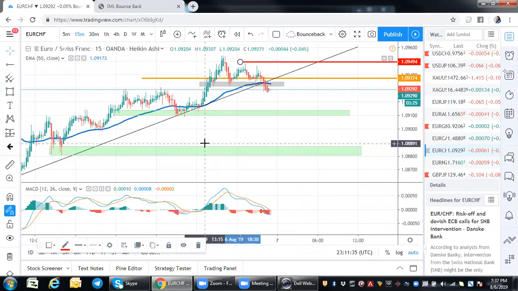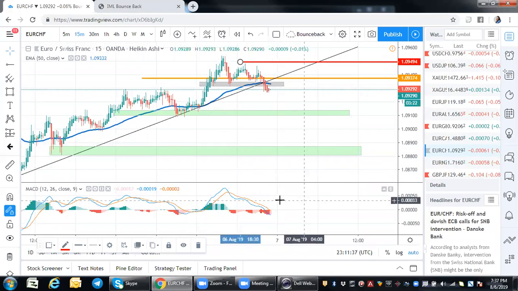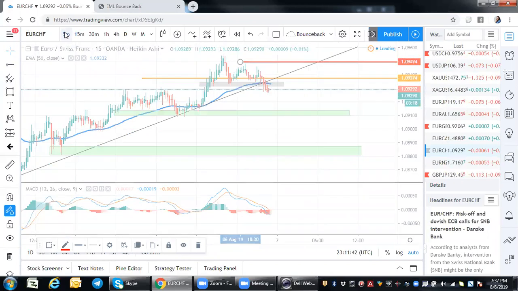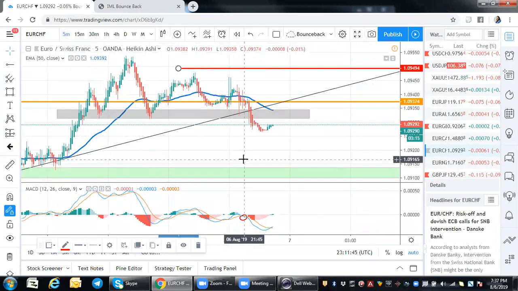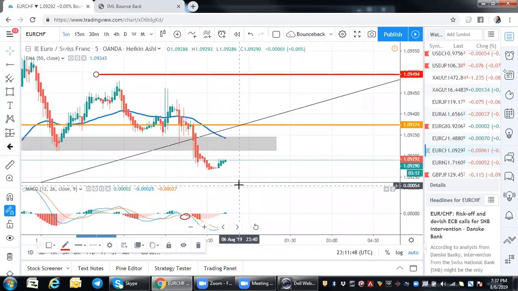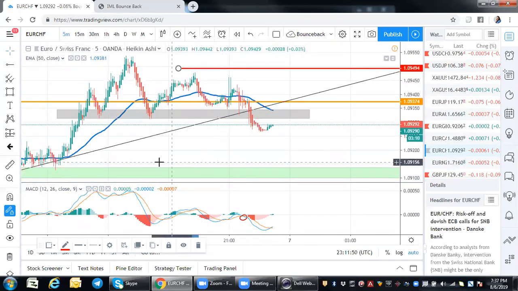Now we were talking about divergence last week, right? We want to identify divergence as our way of entering trades, or as our way of understanding if the trade is about to turn around, because that's really what we aim for where divergence is concerned. We want to know that the trade has basically exhausted in its current trend and is about to change direction.